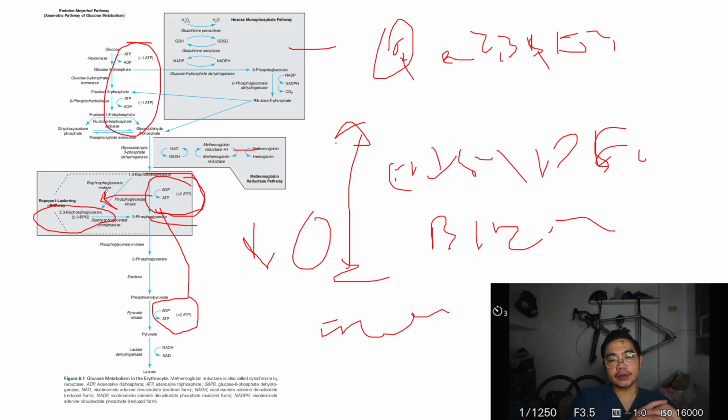It just goes to show that the priority of your red blood cell is its function rather than survival. So function first before survival, because it is willing to let go of the precious ATP to produce 2,3-BPG instead of forming more ATP.